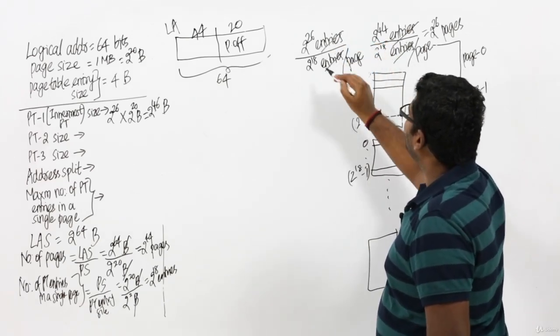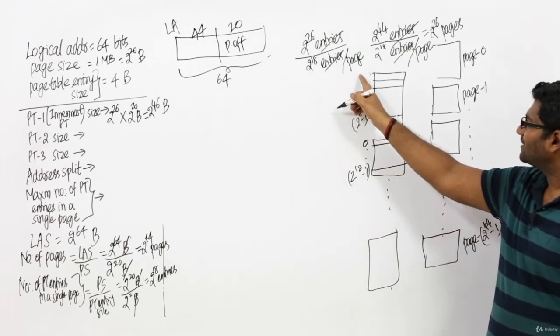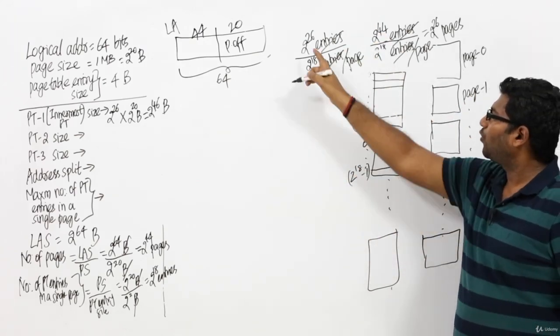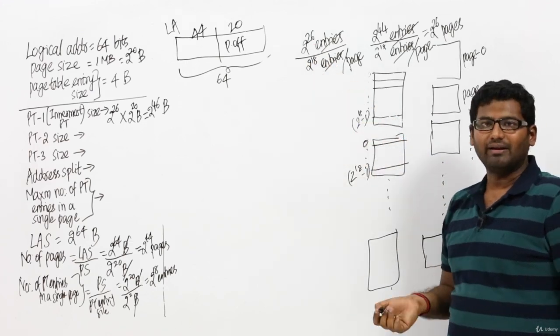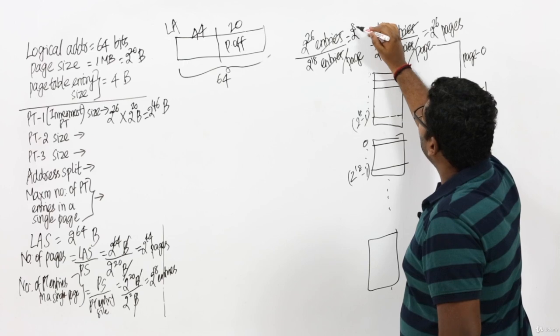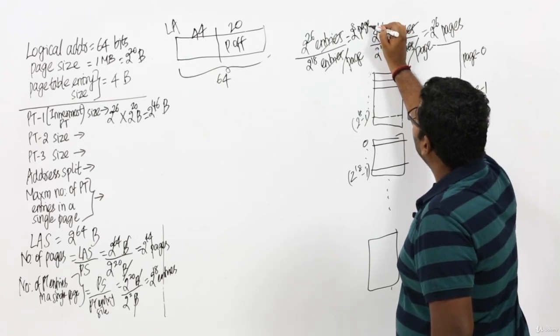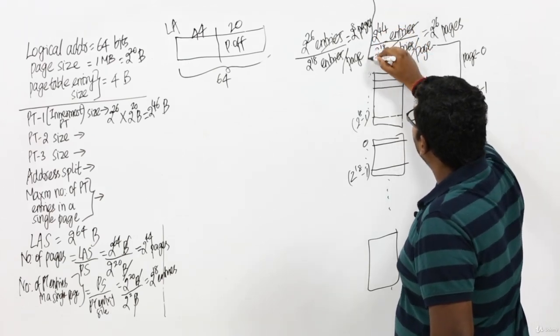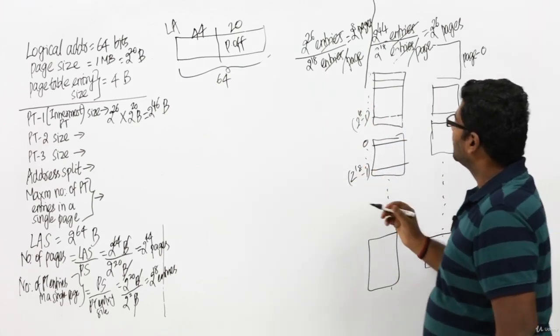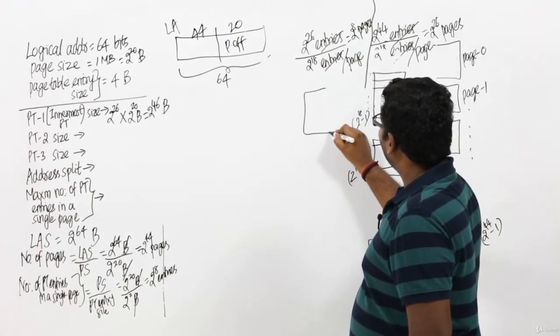Again, entries and entries will get cancelled. This per page, in case I take it to the numerator, it will go as pages, right? So 2^26 divided by 2^18 is nothing but 2^8. So we need a total of 2^8 pages in order to accommodate all the page table entries. Fine. So I need a total of 2^8 pages.